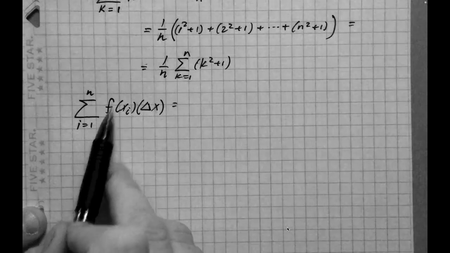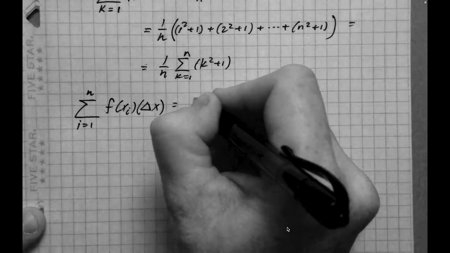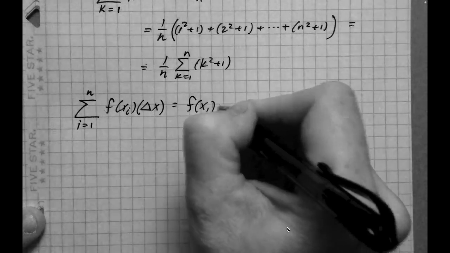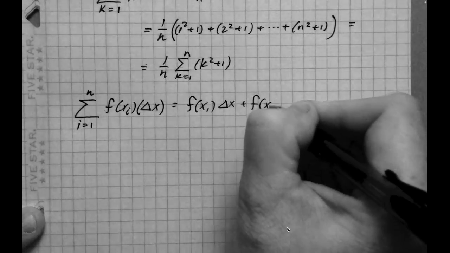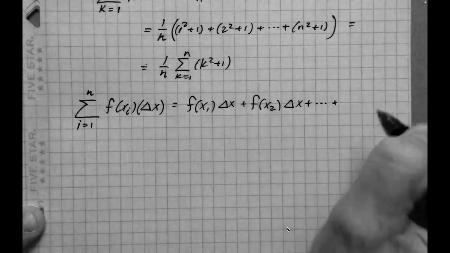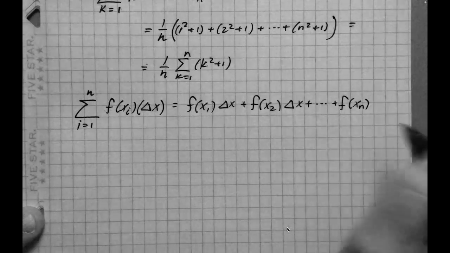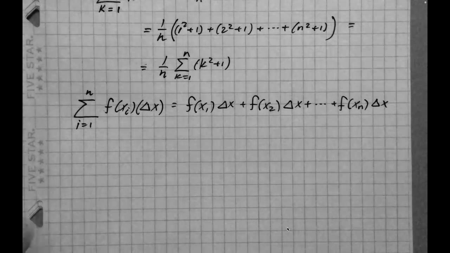This is some arbitrary function, we don't know what it is, but the sum is going to work the same. It'll be f evaluated at x1 times delta x plus f evaluated at x2 times delta x, and so on, up to f evaluated at the last term in the sequence, xn, times delta x.